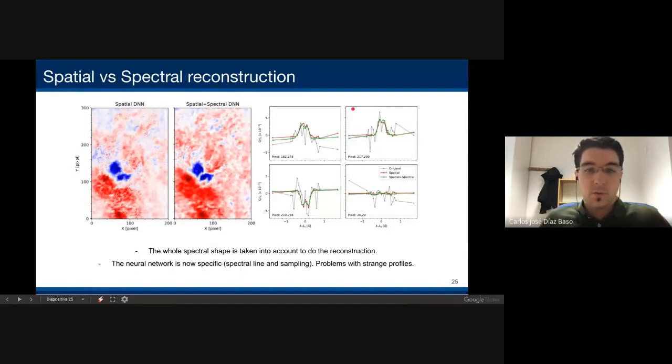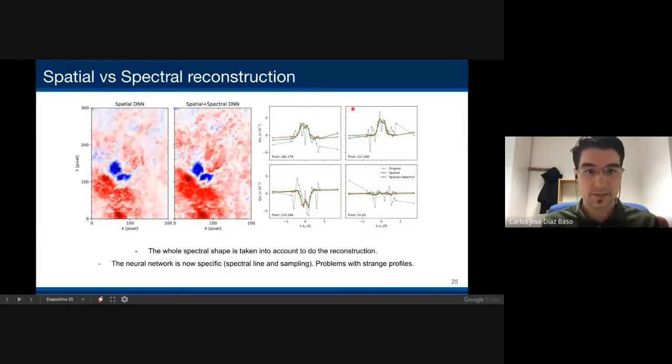So after that, one can ask, okay, you have a spectrum, right? Why not include the information of the spectrum? In this case, one can do the same. Instead of training with two monochromatic images, we can train with one profile at one time frame and another spectral profile very close in time.